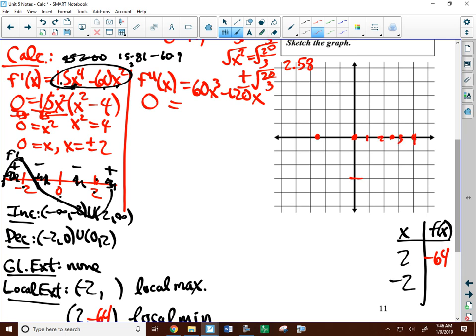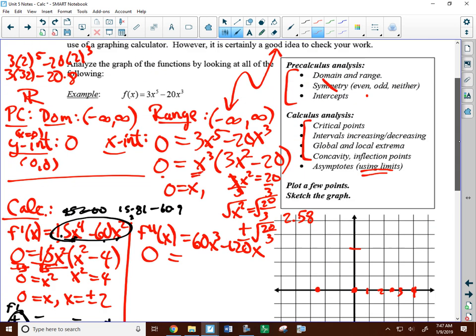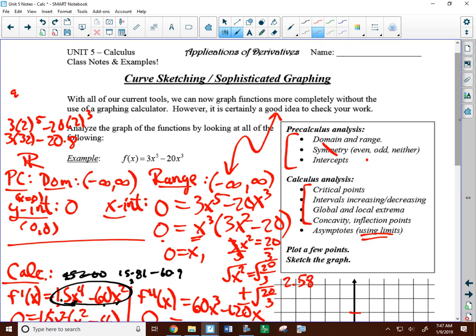The y values on this grid, the only key one we need is -64. So I'll put it there. Then we'll put 64 there. So let's go back and do -2.